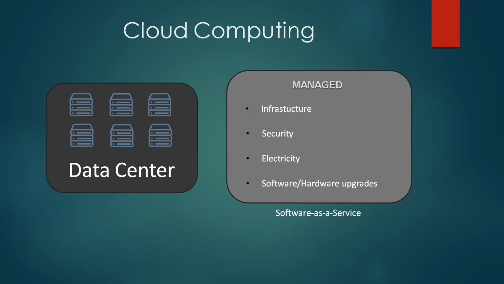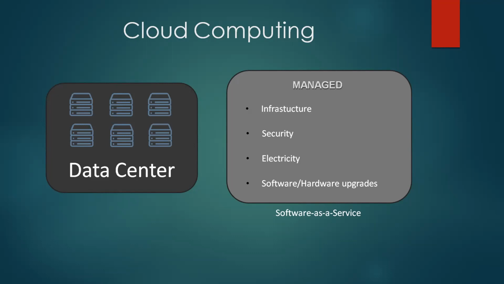For example, in India, coming to AWS, Amazon Web Services, in Mumbai they have one data center, and in Hyderabad it is going to start in a few days, I think.